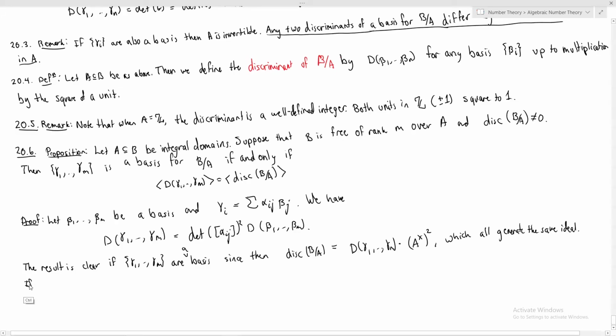So now suppose this ideal equals the ideal generated by the discriminant of gamma 1 through gamma m. Yeah, and we haven't used that we're using integral domains yet, so that will come here shortly.